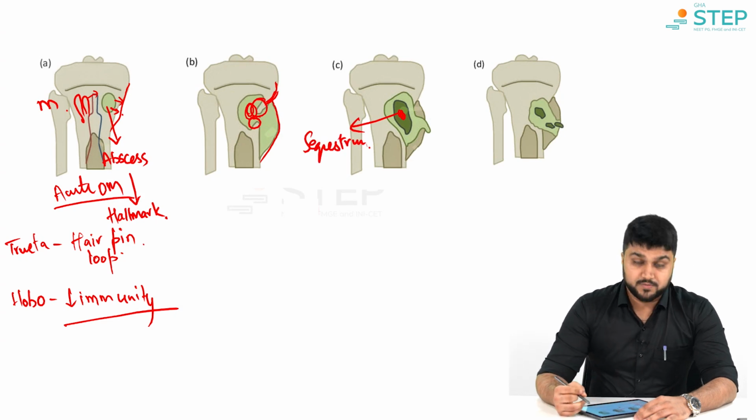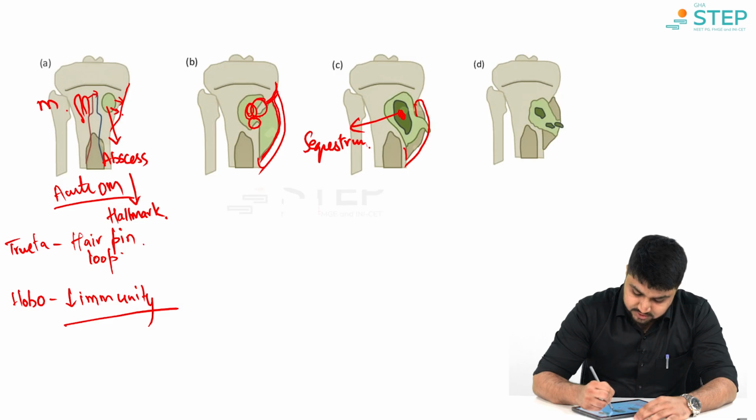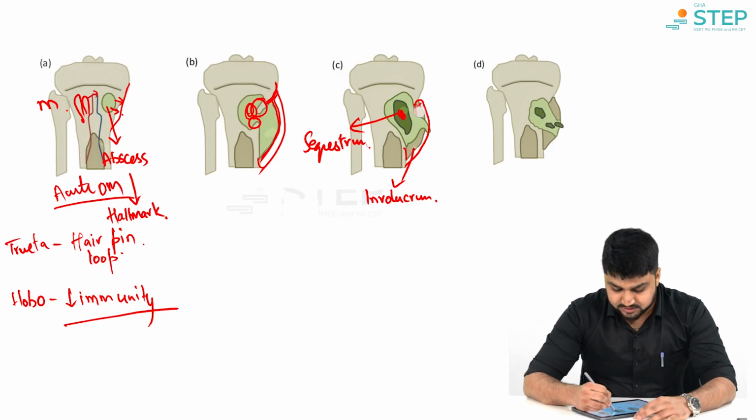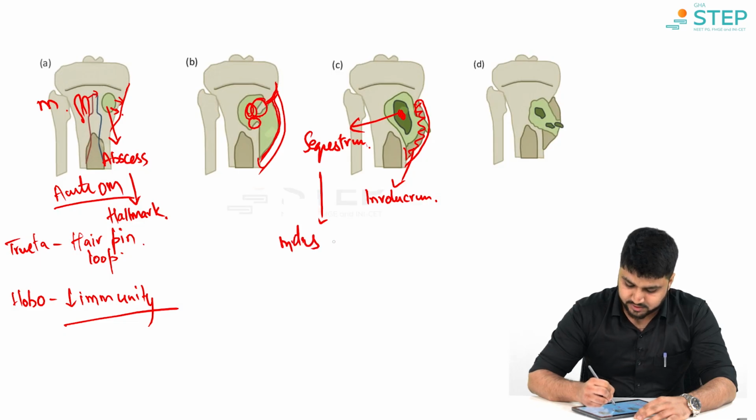Okay. So our body also responds by forming a bone around this raised periosteum, and this new bone formation is known as the involucrum. So sometimes the body is successful in walling off the abscess, alright. However, this sequestrum inside serves as a nidus for infection.